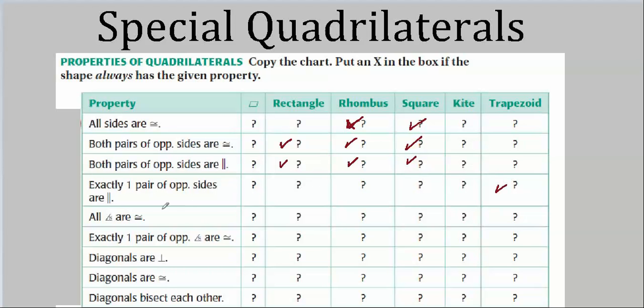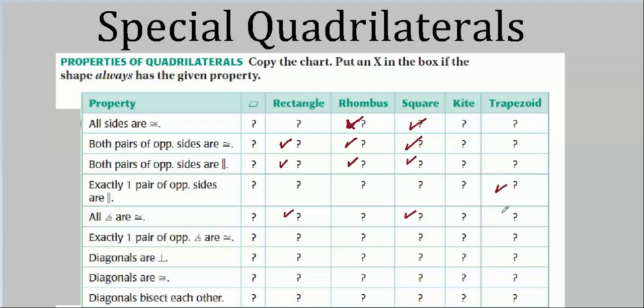And this one says all angles are congruent. Well, that would be true for a rectangle because they're all 90 degrees. Would be true for a square because they're all 90 degrees. Kite? No. There's 1 pair of congruent angles in a kite.